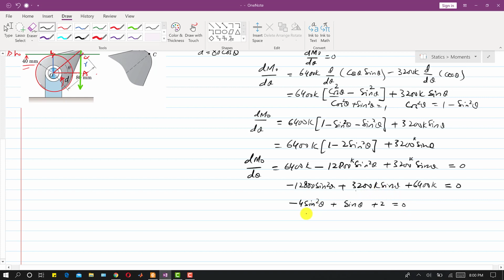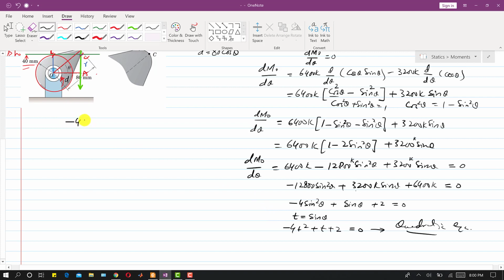Now let's suppose that t is equal to sinθ. Then this will be minus 4t² plus t plus 2 equals 0. So this is a quadratic equation in variable t, where t is sinθ.